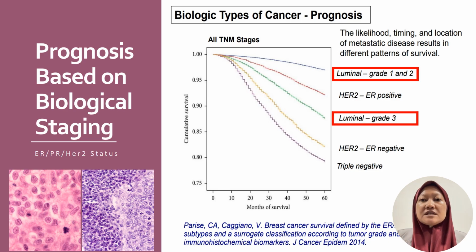Lower grade tumors are often associated with slower growth rates and lower likelihood of metastasis, making them more amenable to effective treatment options. In contrast, grade 3 tumors are typically more aggressive and have a higher risk of recurrence, emphasizing the need for tailored treatment strategies based on tumor grading.